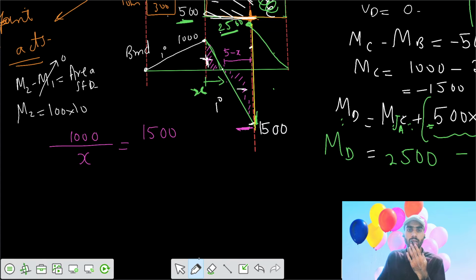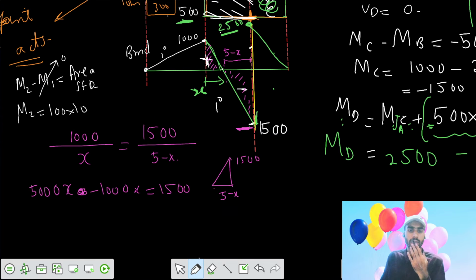This is a triangle of 1500 for length 5 minus x, where 1500 becomes 0. After calculating, 5000x minus 1000x equals 1500x. So your x value becomes, is it 2 meter? Yeah. If it is 2, the other has to be 3 meter. Okay.